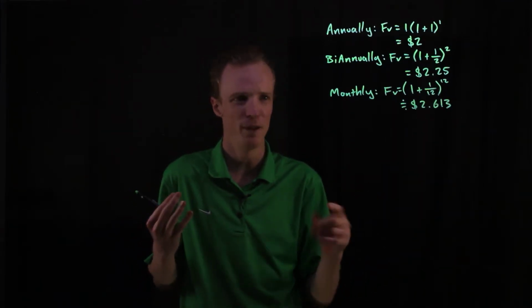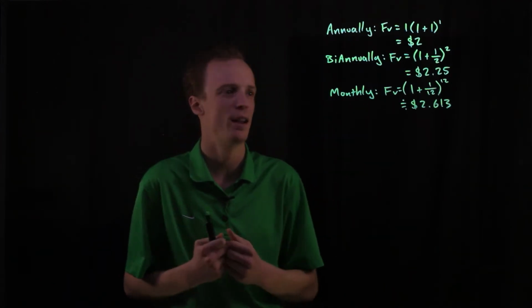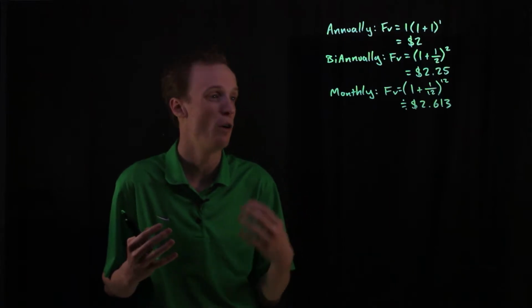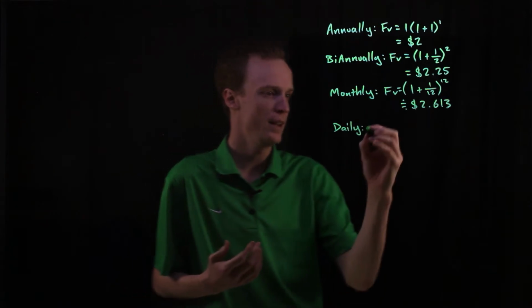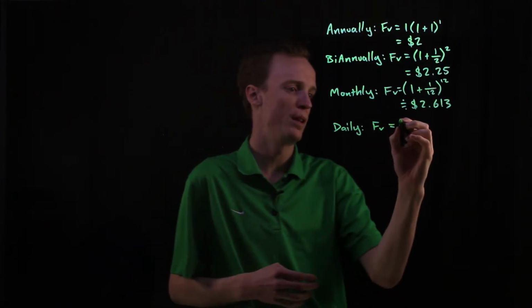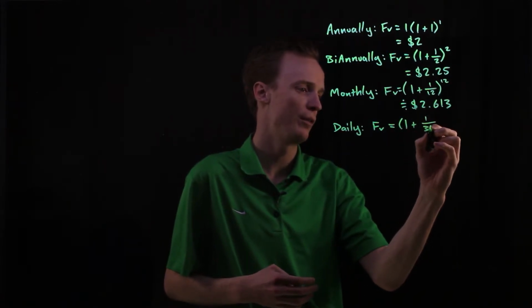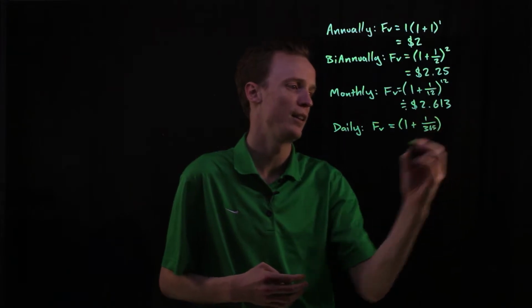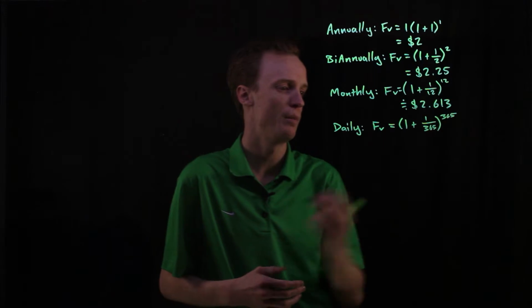So what if I could go more than monthly? What if I could convince my bank account to, rather than compound monthly, compound daily for me? Well, for a daily compounding, my future value will be 1 plus, this time it will be 1 over the 365 days there are in a year, and then it's going to compound 365 times.